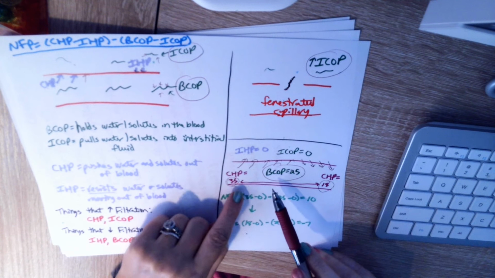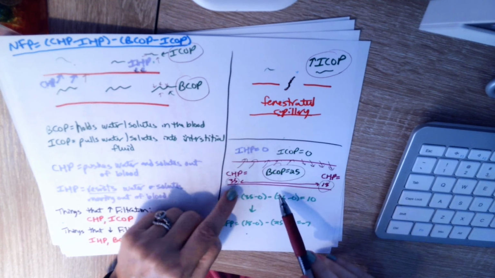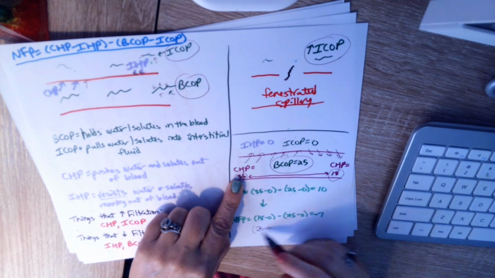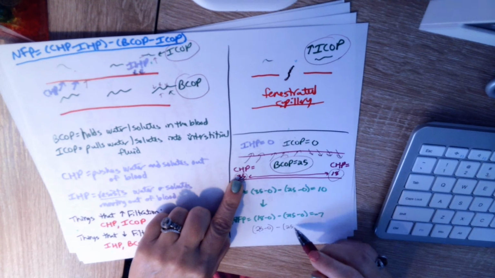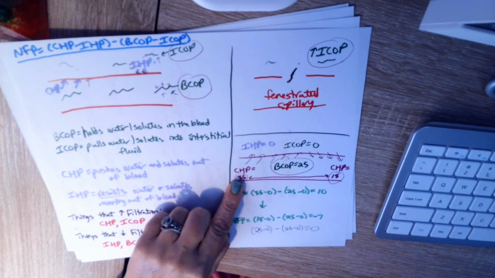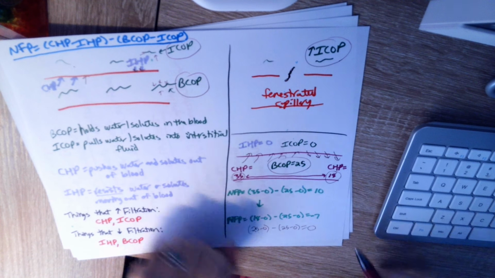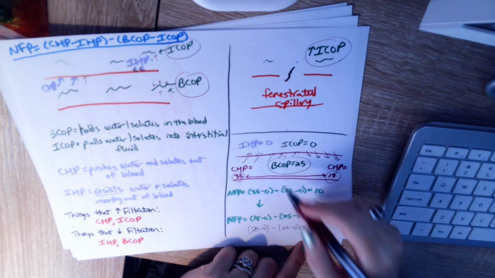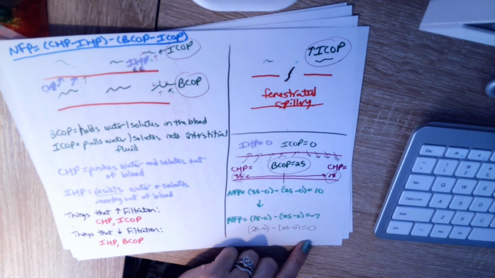So the answer to that is 25. If capillary hydrostatic pressure is 25, and then blood osmotic pressure is 25, that gives you a net filtration pressure of 0, and that's where you'll make the switch from filtration to reabsorption, wherever that might be on this capillary bed.